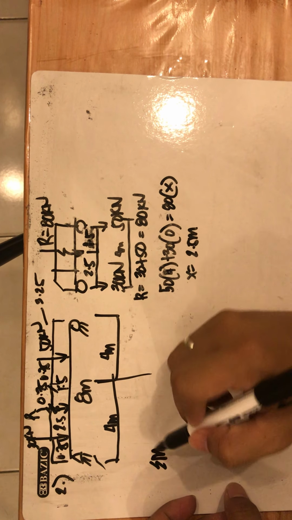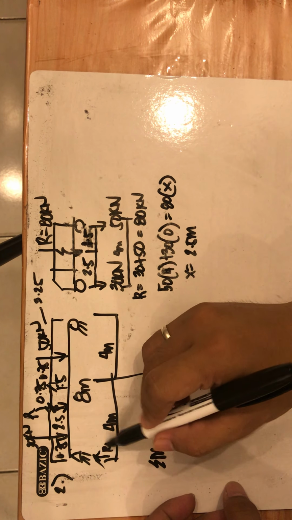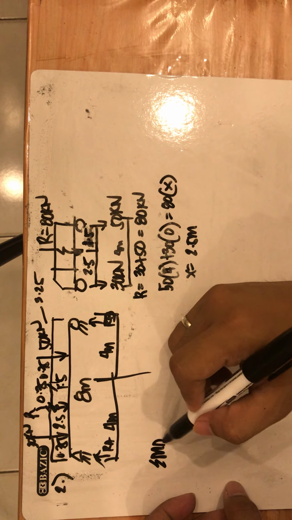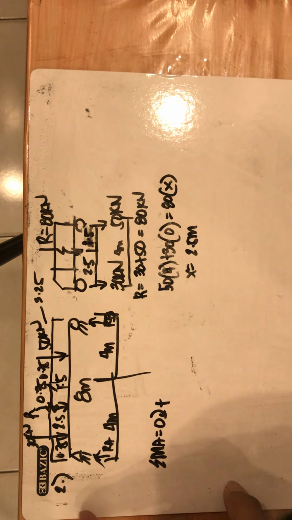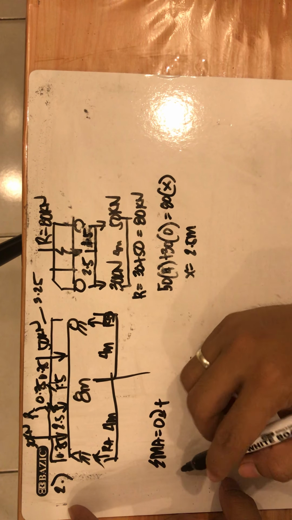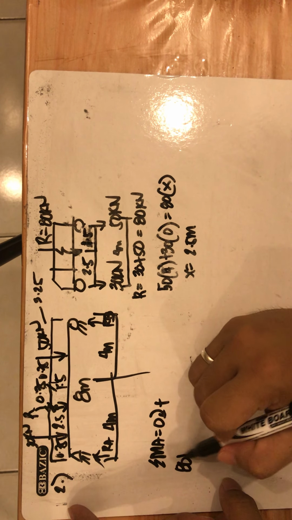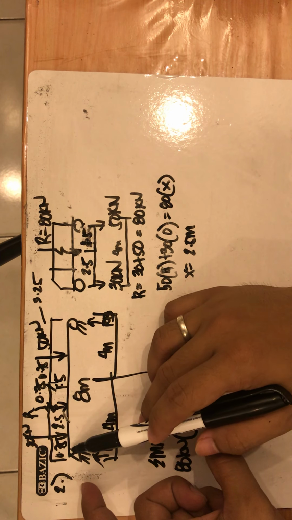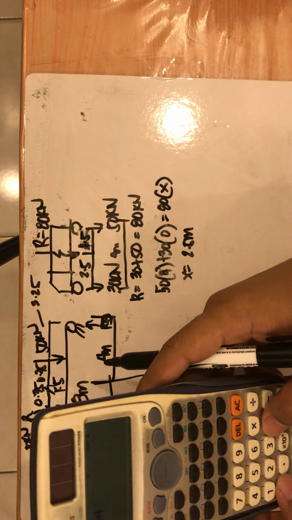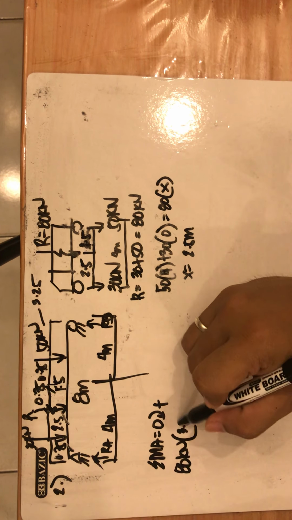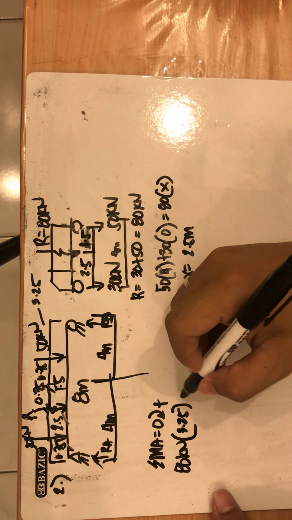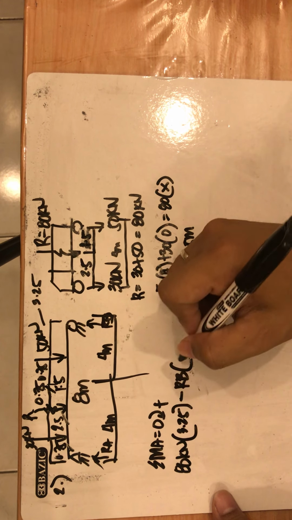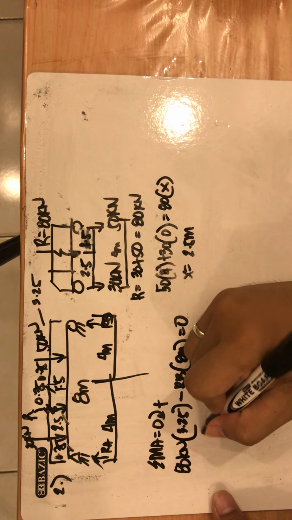So, we determine the maximum moment. Here is RA, then RB. Summation of moment at point A equals 0, clockwise positive. Let's just use the resultant, which is 80 kilonewtons, times the distance. According to the figure, 2.5 plus 0.75 equivalent to 3.25, minus RB, since that is counterclockwise, times the total length of 8 meters, equals 0.